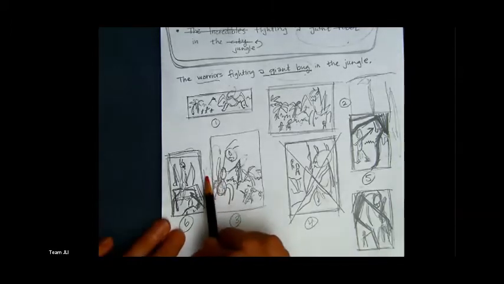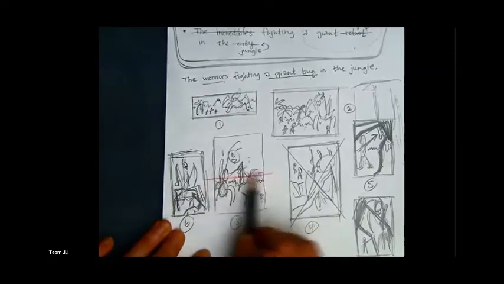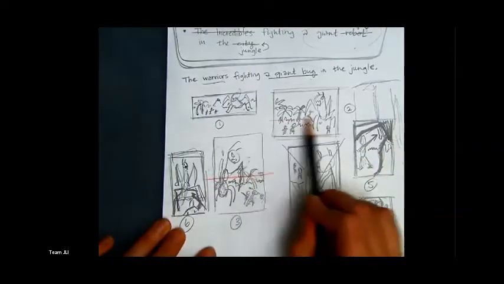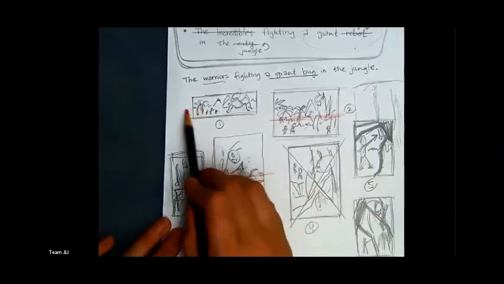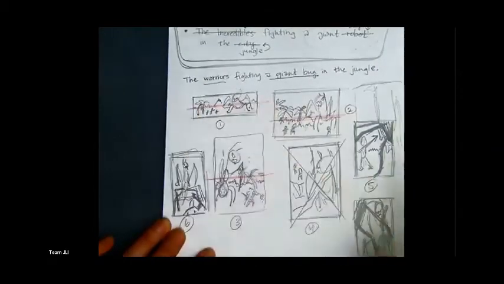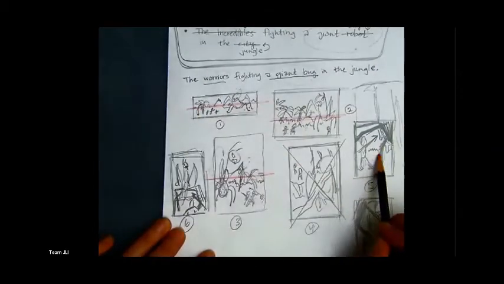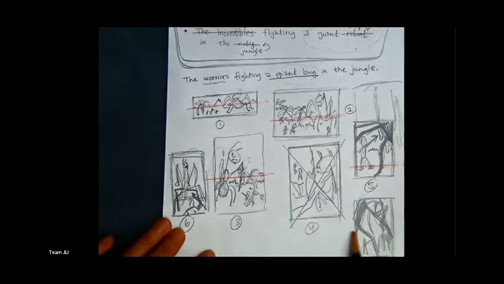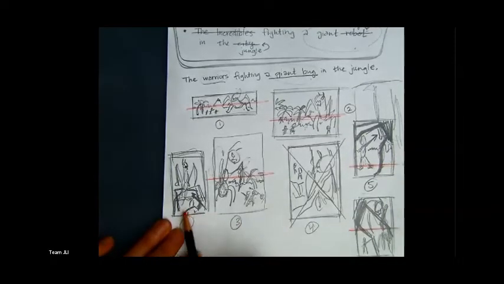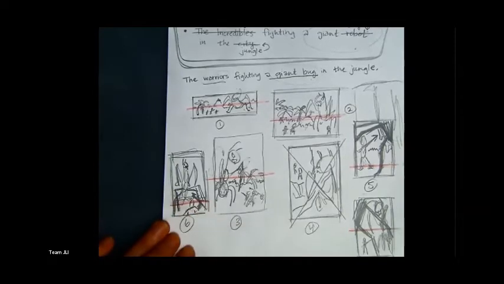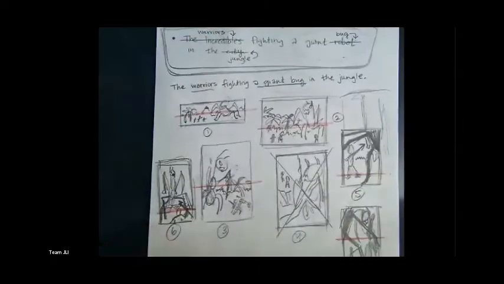Oops, I forgot to put in my horizon line, so just in case you guys are wondering, there's a horizon line. This one's lower. This one to the middle. I usually kind of stick them in the middle. Number 5, the horizon's that low? Yeah.